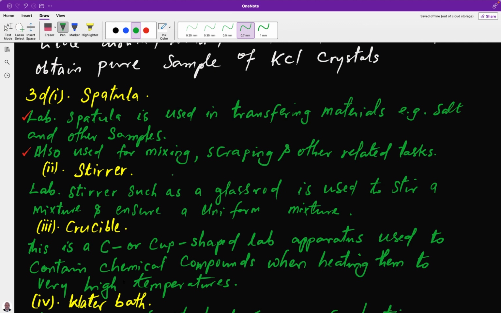We now say the lab stirrer, such as a glass rod, is used to stir a mixture and to ensure a uniform mixture. The mixture in a glass beaker, you use the glass rod in doing that.